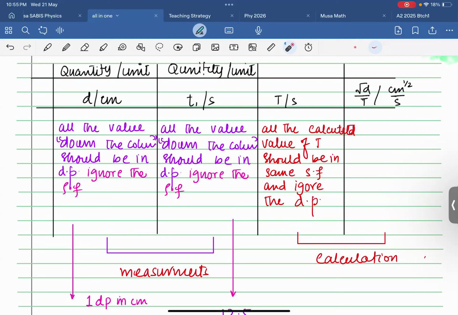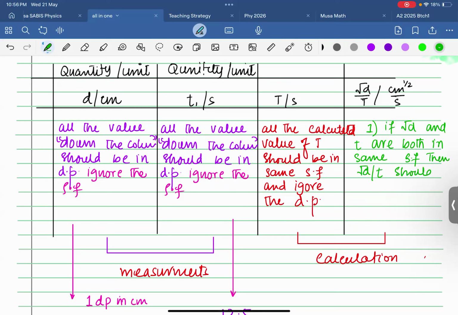The first case is, if the two quantities, like d and t in root d over t, are in the same SF, then root d over t should also be in the same SF.